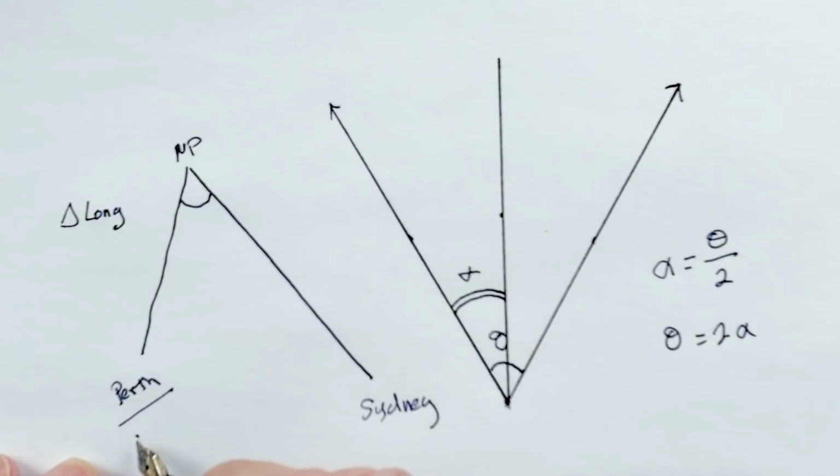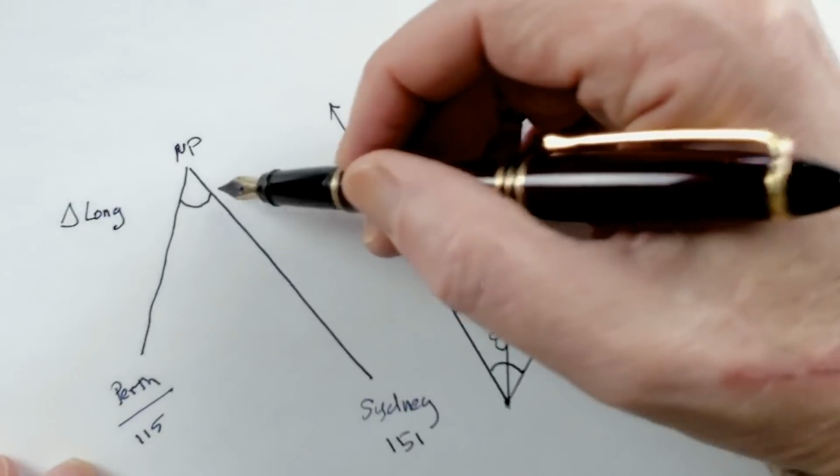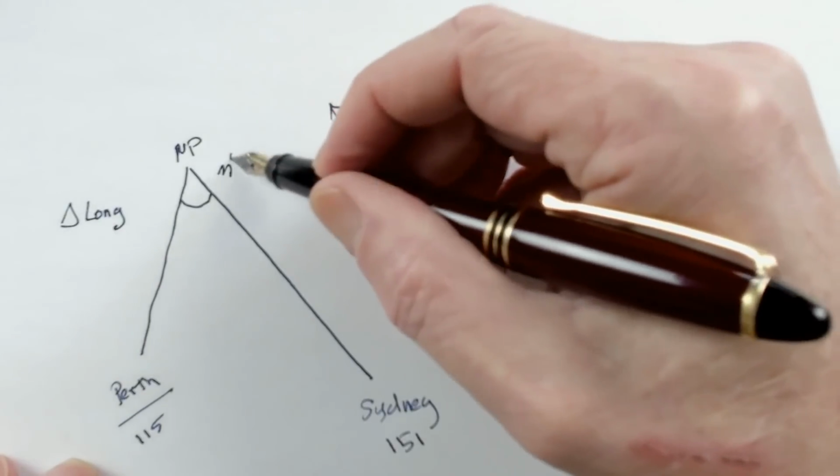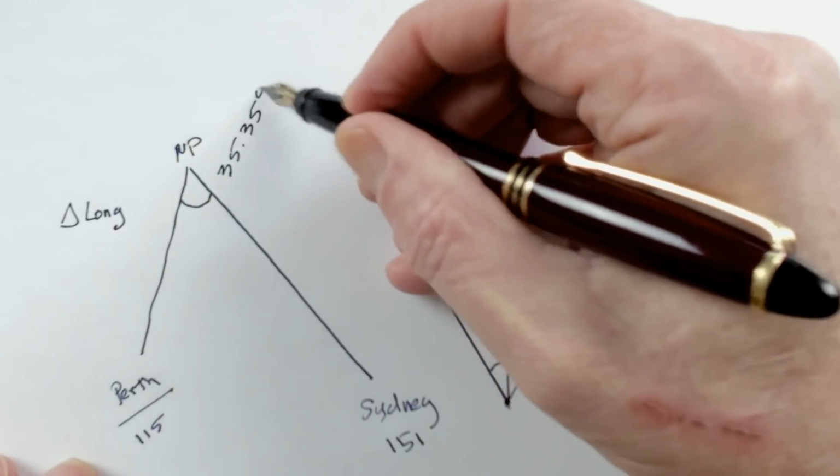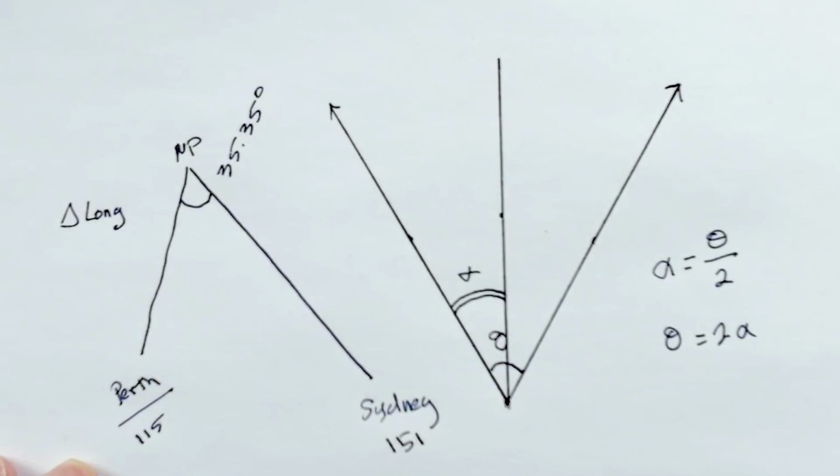Now, Perth is at longitude about 115, and Sydney is at longitude about 151. So this angle right here is going to be 35.35 degrees.